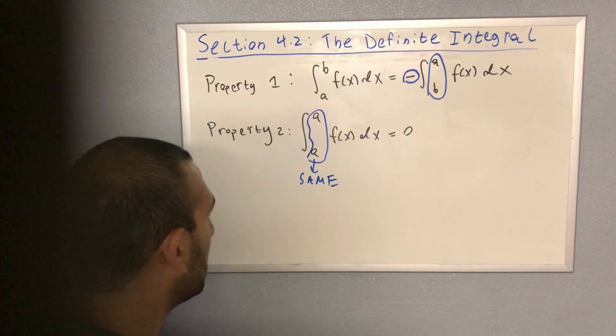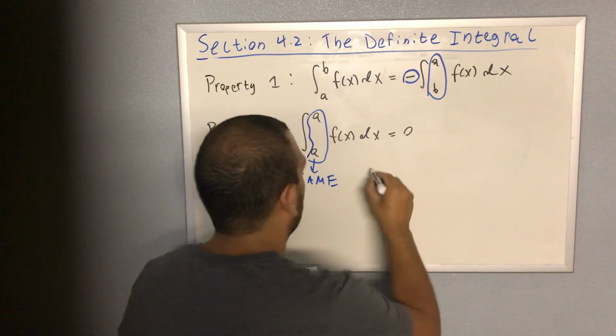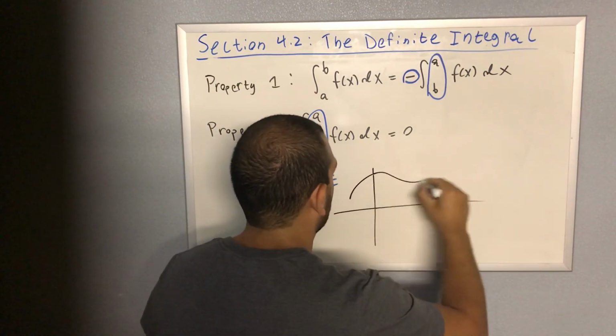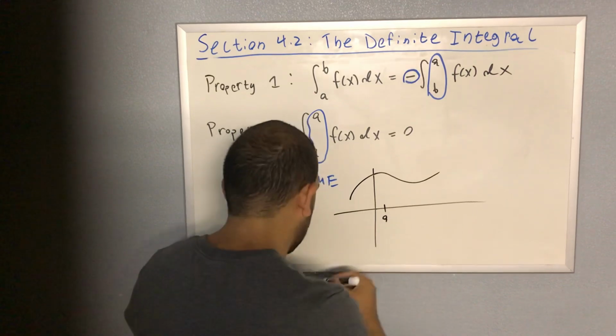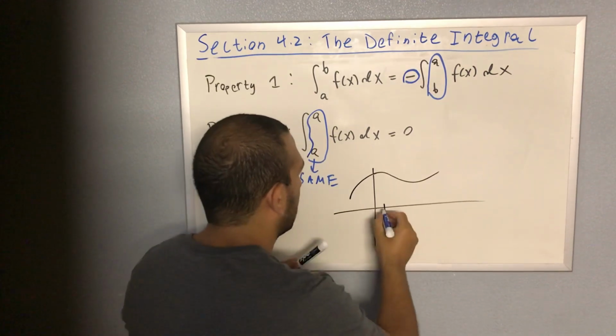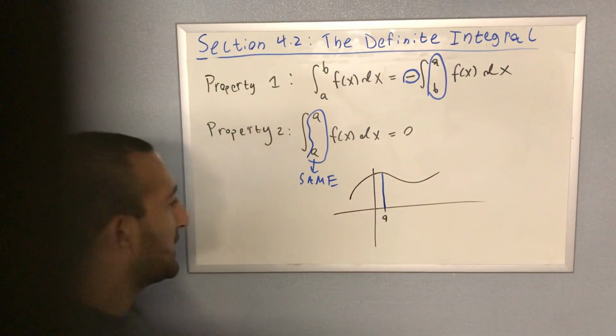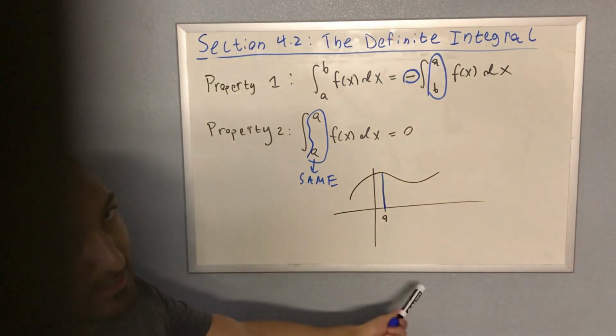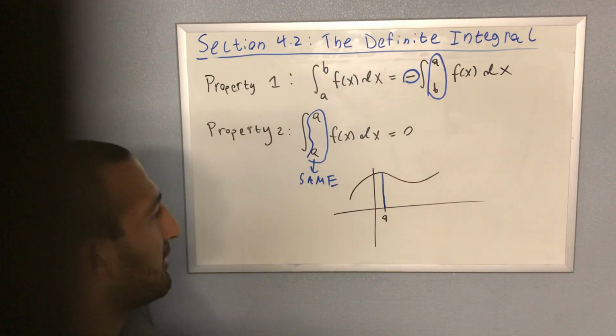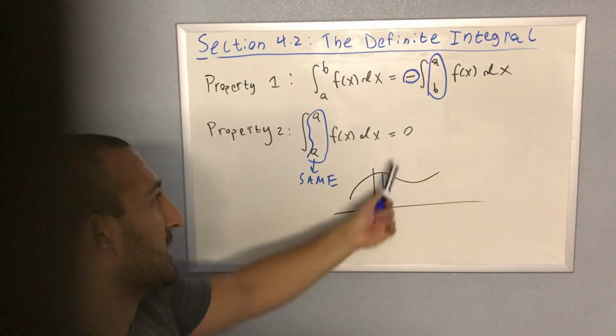This also intuitively makes sense. If you have a function and you start at A and you end at A, you're finding the area just underneath this one point. How much width does this have? It has no width, so it can't possibly have any area. That's why it's 0.